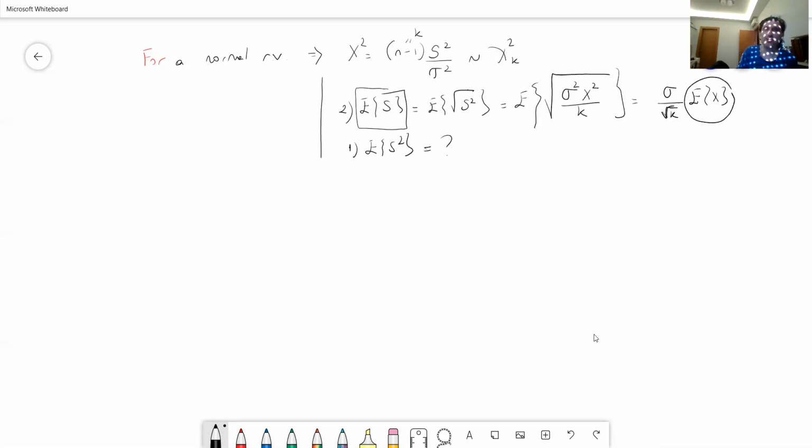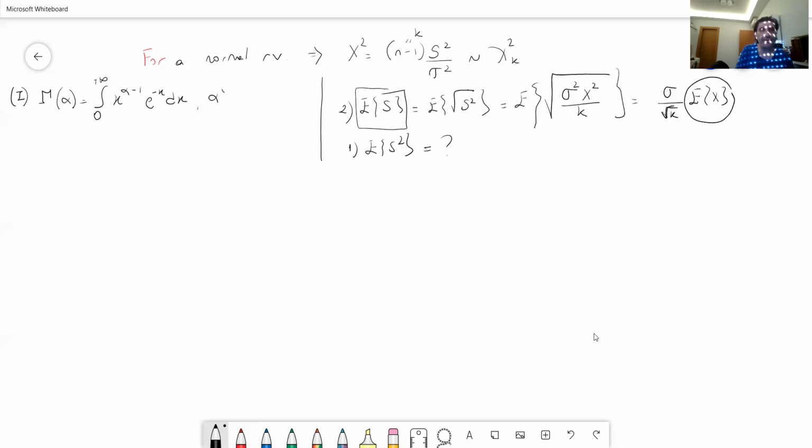We need actually two things in order to determine these quantities. The first thing that we need to know is the so-called gamma function. This function is called gamma function. I'm not going to go into mathematical details about that. It's the integral of x to the power alpha minus 1 times exponential minus x dx.